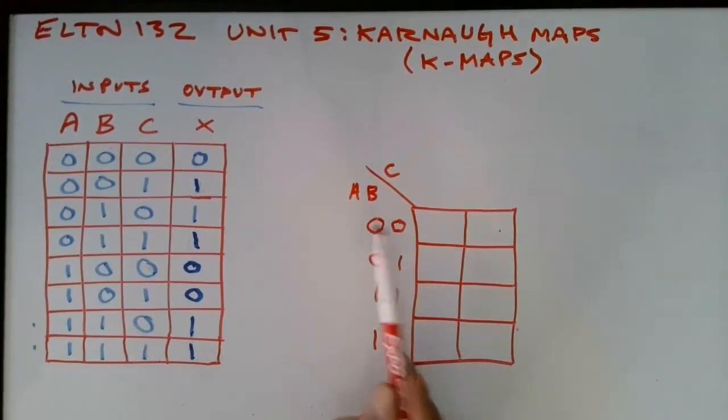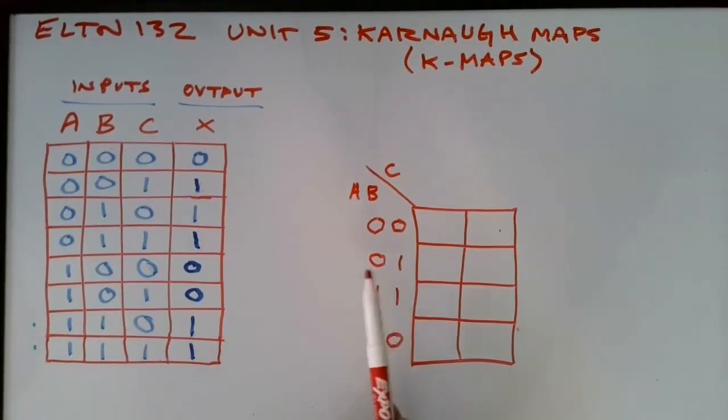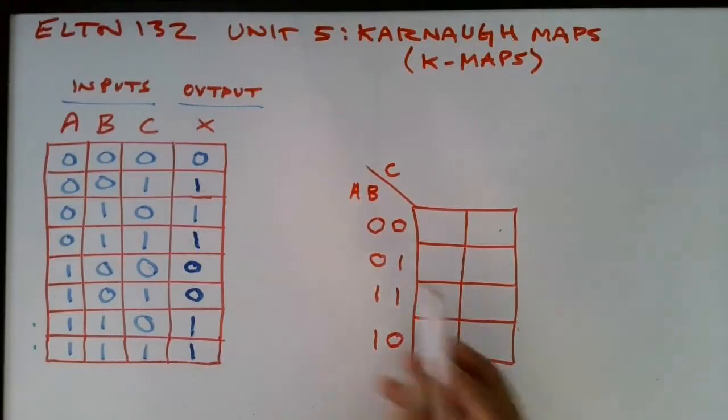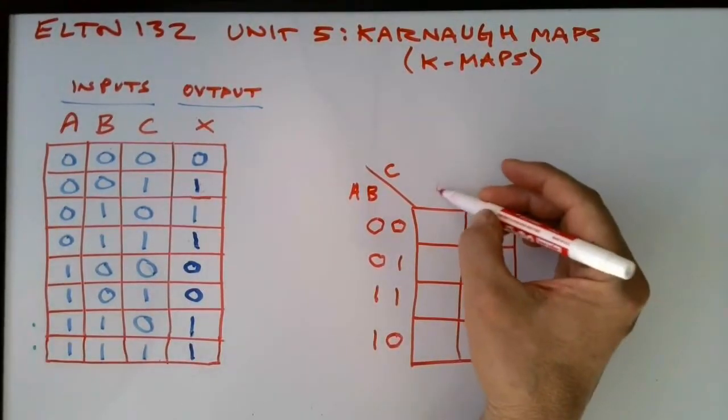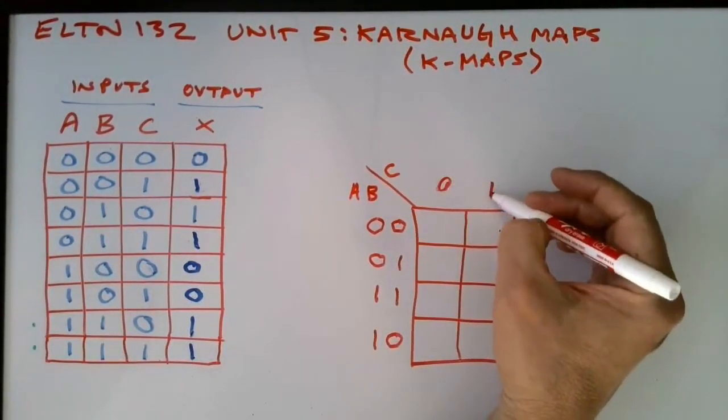So for example, from here we have 0, 0 going to 0, 1. The only thing that's changing is B. That's represented by the right-hand side. Or if we go from this row to this row, B is already 1. The only thing that's changing is A. We can't have two transitions at the same time. C is simple. It's just going to be either 0 or 1.